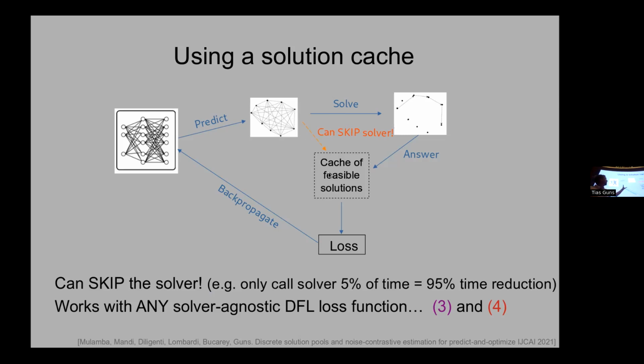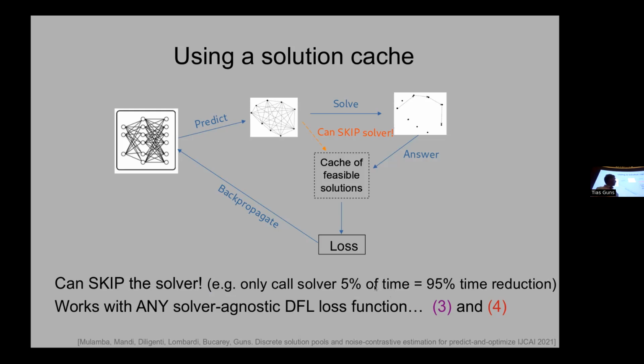So sometimes you can actually just skip the solver. We don't know when exactly you should or shouldn't skip. That's a bit of an open problem, but we did some experiments, and we're even calling the solver only 5% of the time. We do a lot of epochs, right? But 5% of the time, we actually get very good results. So also in the survey, there's an experimental study that contains a bit of that.